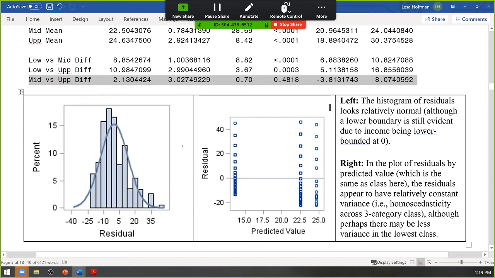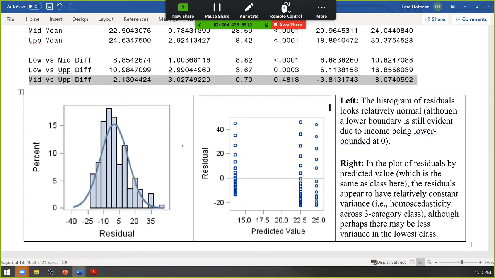I asked for, and you'll see lots of pictures pop up on your output, a histogram of the residuals. Remember what residuals are? The E's? It's the difference for each person of what their real income is relative to what the model says it should be.